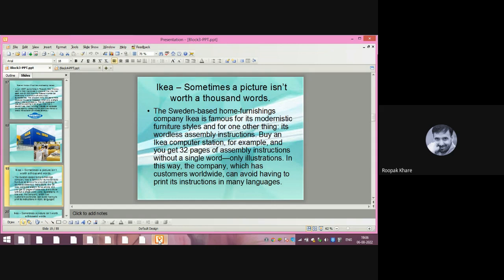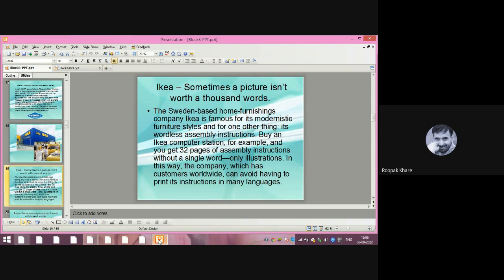Buy an IKEA computer station, for example, and you get 32 pages of assembly instructions without a single word, only illustrations. Their instruction manuals were only full of pictures. There was nothing written in words. They were only pictographs.